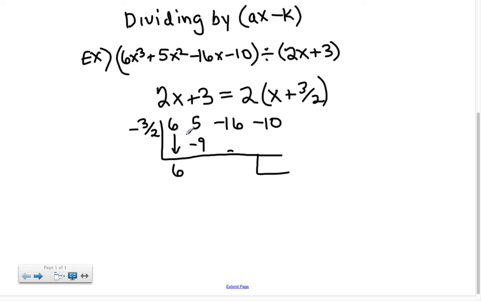Then I add my 5 plus my negative 9, which gives me negative 4. Go back to the k value and do it again. Negative 3 times negative 4 divided by 2 gives me 12 divided by 2, which gives me 6. And I add these, and negative 16 plus 6 gives me negative 10.